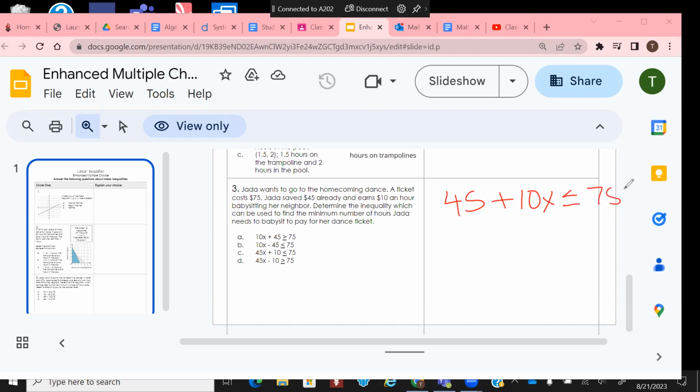Okay, so the minimum number of hours that she wants to work though. So we want to make up to $75. So they wanted to find the minimum number of hours. That's why we're going to go up to $75. Okay, so which one is that? I don't think it's B. It's C. No, it's not. Look at it again. Oh, okay.